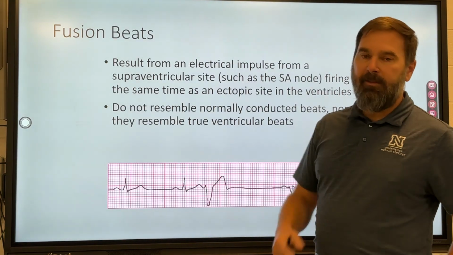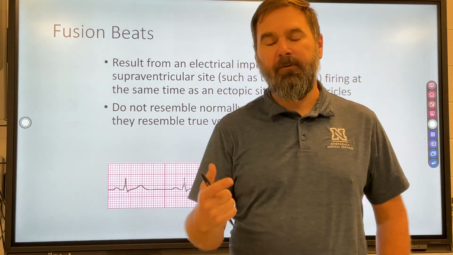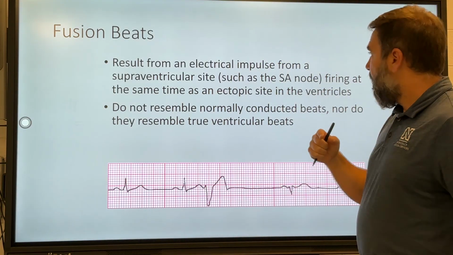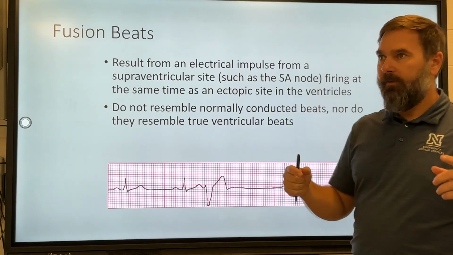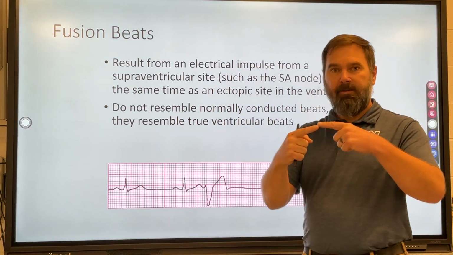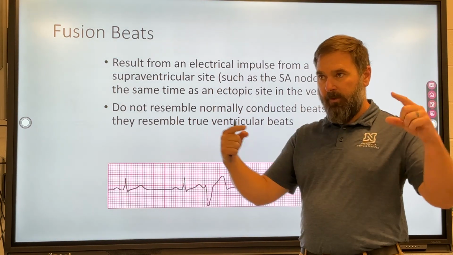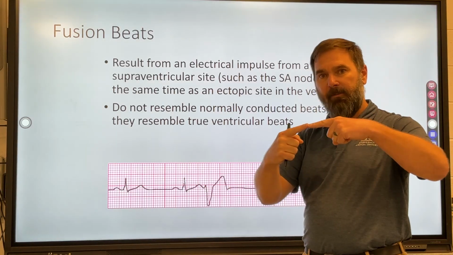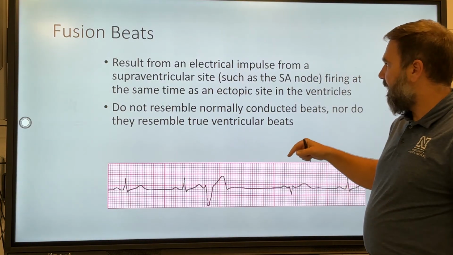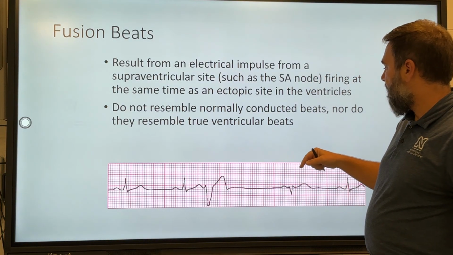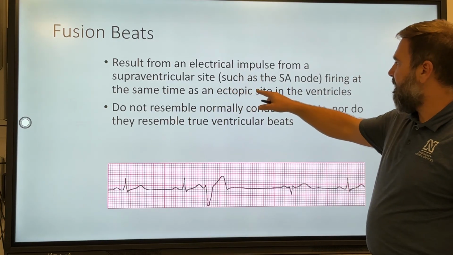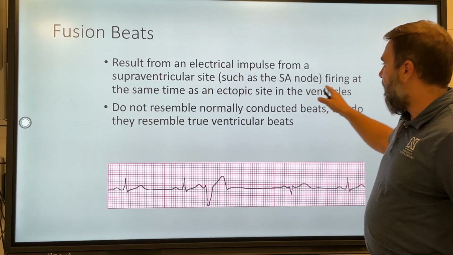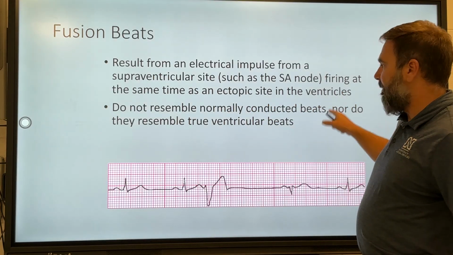So a fusion beat is another consideration for a PVC. Basically, a fusion beat is when you have two impulses from opposite ends traveling to the same place. In this case, we have an electrical impulse from a supraventricular site, such as the SA node, firing at the same time as an ectopic site in the ventricles.